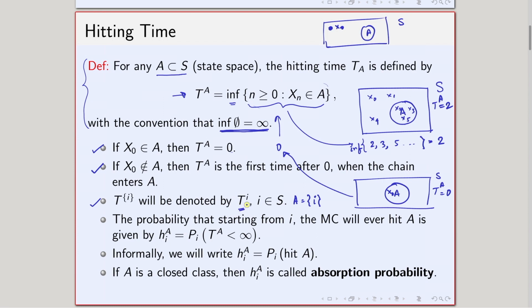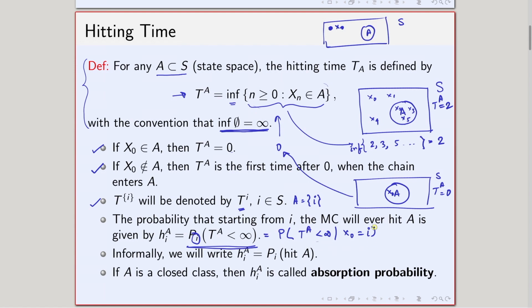Okay. Now, one of the very interesting things is to see this probability. What is this probability? Ta is finite. So that means in finite time I will be in the state A when I start from 0. So this I can write as Ta less than infinity given x naught equals I, because here I am starting from I. So starting from the state I, what is the probability that I will visit any state inside the set A in a finite time?